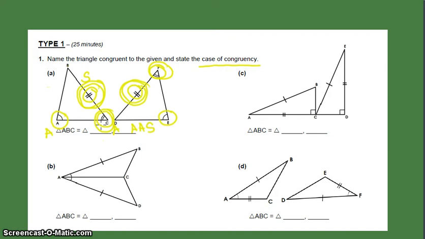So first circle, or one circle, two circles, three circles. And then here you have one circle, two circles, and three circles. Then triangle ABC must be congruent to E, F, and B in this proper order.